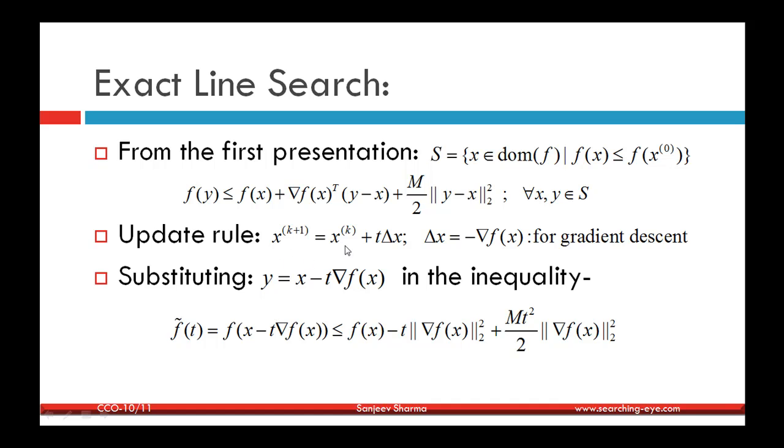In the exact line search method the next x, that is x k plus 1, is x k plus t exact times delta x, where t exact is the value of t that minimizes the right hand side. The right hand side is a convex quadratic function of t, and therefore differentiating it with respect to t and equating the result to 0 will give us the value of t that minimizes it.